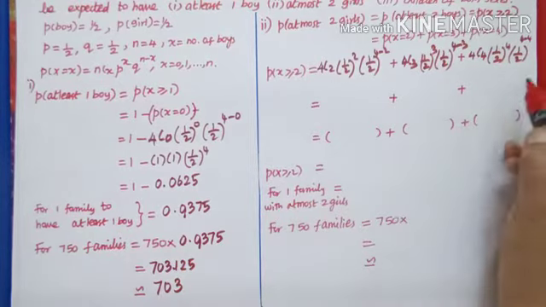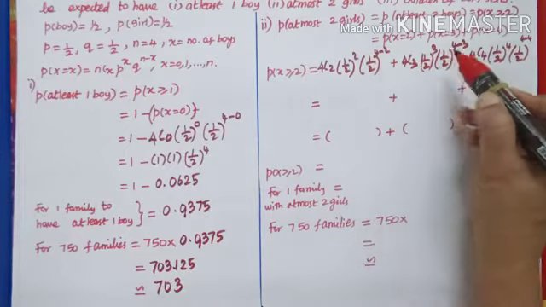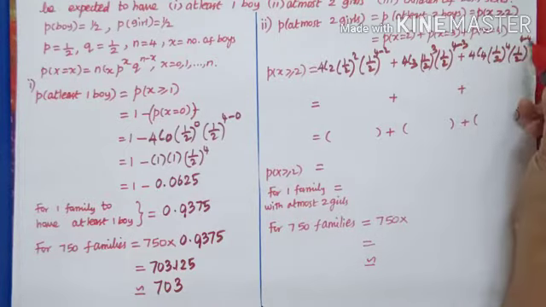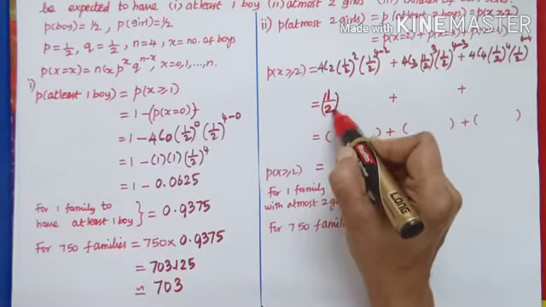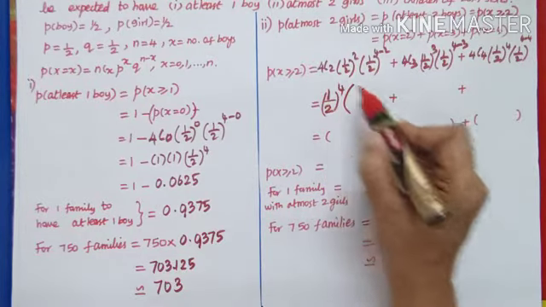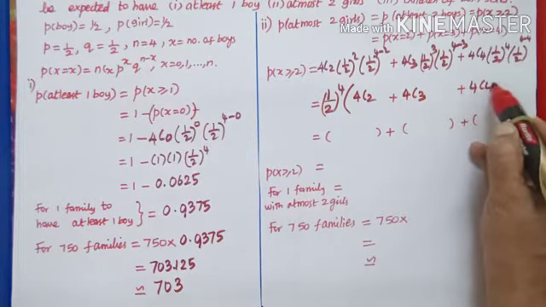In all the cases, I get half power 4 only. Plus 2 minus 2 cancels, plus 3 minus 3, plus 4 minus 4. So I can take half power 4 out. What is left? 4C2, 4C3, 4C4.